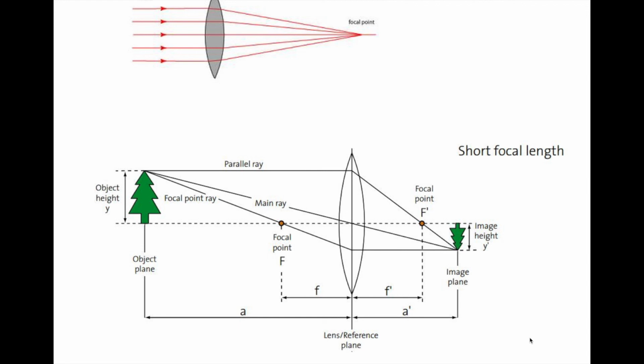And so if you have a very short focal length, a short distance between the image plane and the focal plane, here we have an object, and it has some height. There's some parallel rays, and some rays go in different directions. It gets concentrated by the lens. Here we have the focal length f, and we see the focal point here, and then the image size is a function of the distance between the focal plane and the image plane.